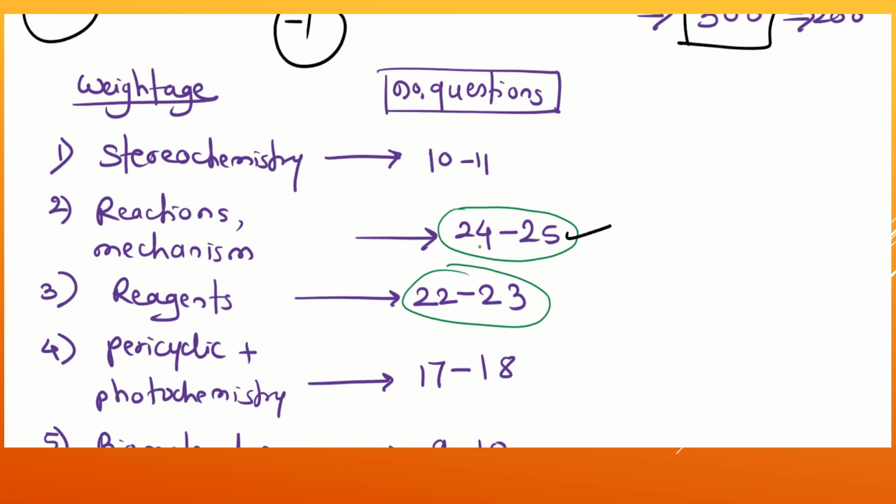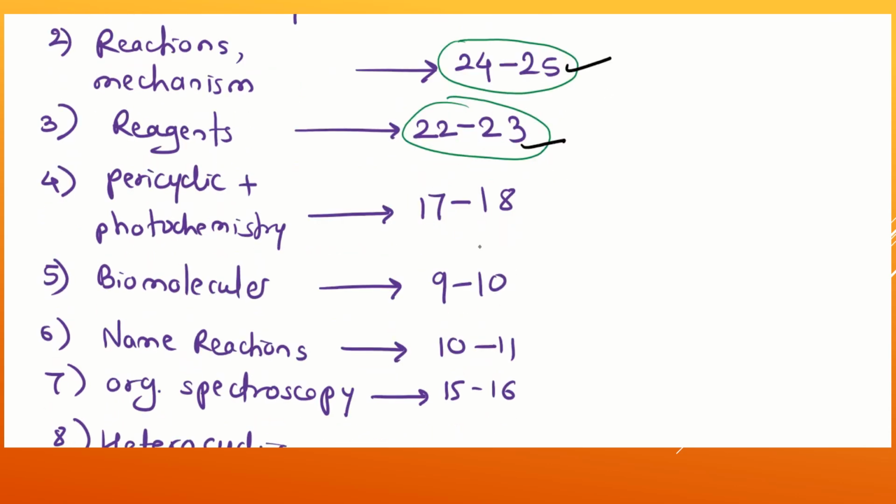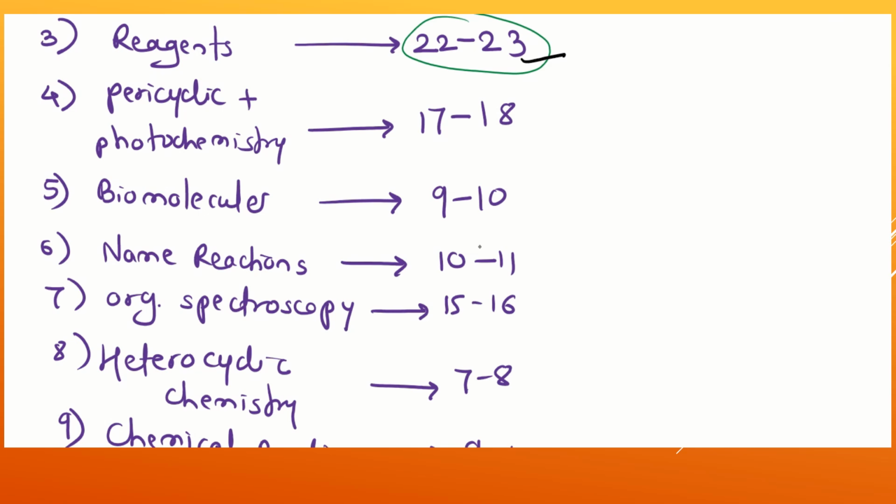You can guess that you have to do this topic frequently and revise it. Then reagents, 22 to 23 questions. For pericyclic plus photochemistry, 17 to 18 questions. Biomolecules, 9 to 10 questions. You can ignore this, but you have to look at what exactly the topic is.